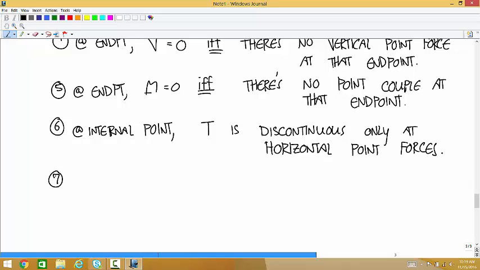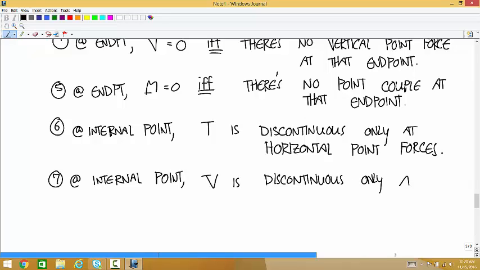What's 7 going to be? At an internal point, yes, exactly. V is discontinuous only at vertical point forces.